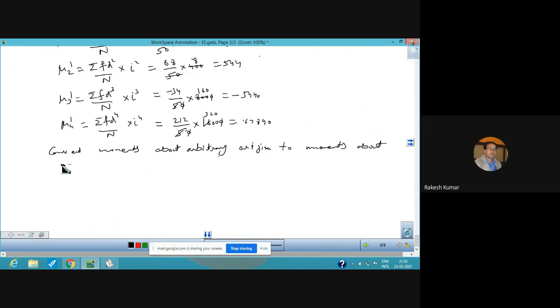So this is the technique for calculating the movements about origin to movements about arbitrary mean.